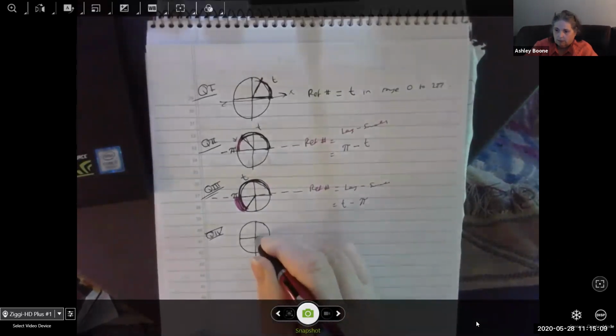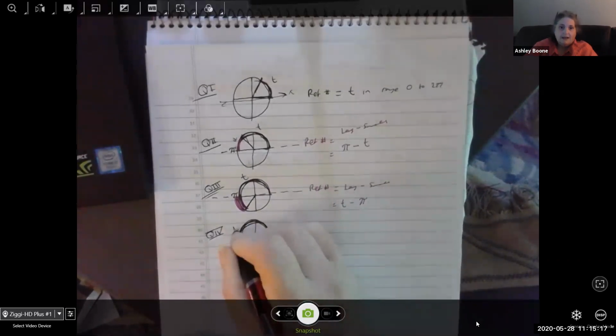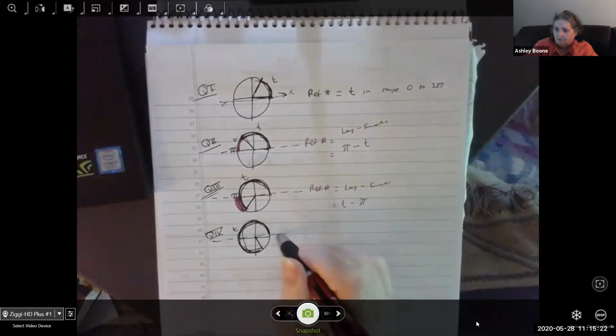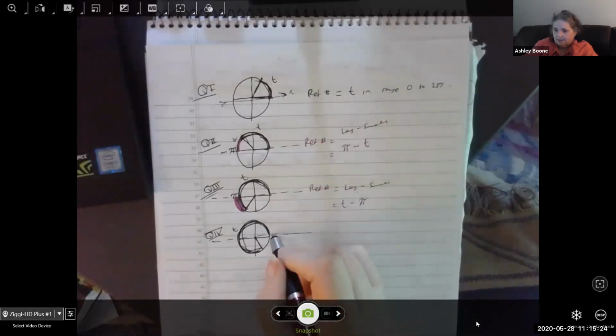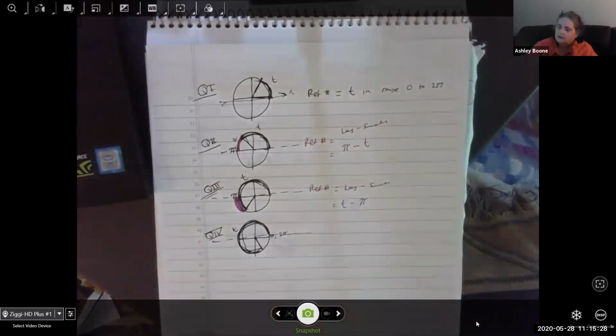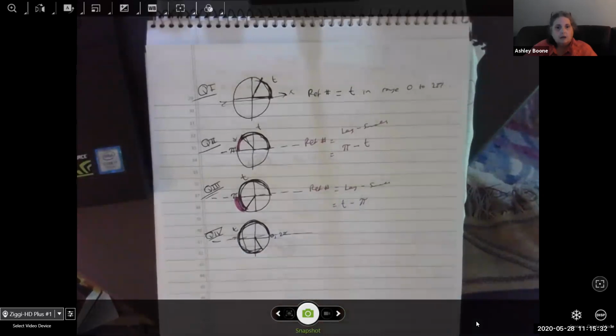And finally, if you are in quadrant 4, our terminating side is somewhere down here. Our distance t is right here, between 0 and 2 pi. You have to have it converted to that first. Remember your x-axis, if you're going to the right, that x-axis is either 0 or 2 pi, depending on if we've revolved around or not. And then the distance to the left is pi. So let's look at what's going on.